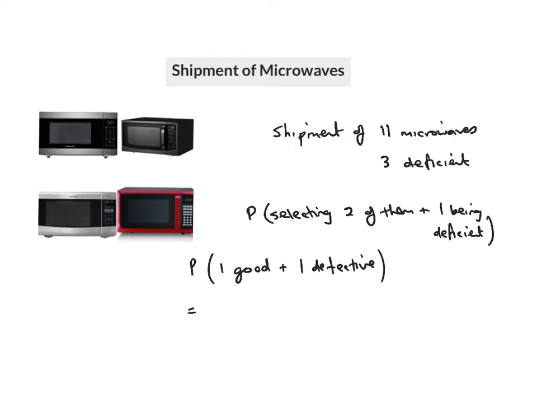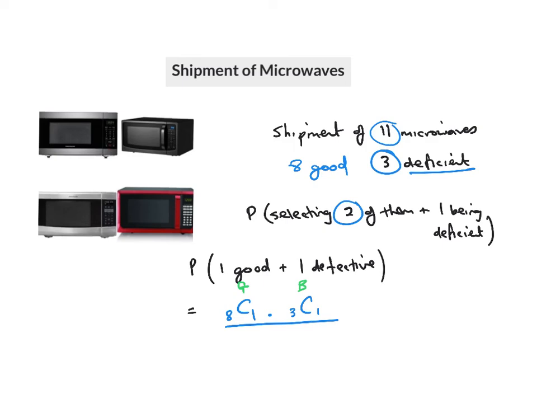So the probability of 1 good is going to be, we know there's 3 defective, and therefore 8 must be good. So this is going to be 8 choose 1 for the good ones. And then the bad ones is going to be 3 choose 1, all over, we're only choosing 2 out of the 11, so it's going to be 11 choose 2.